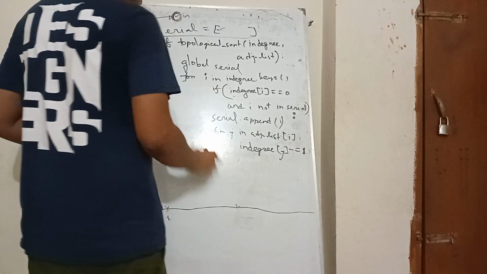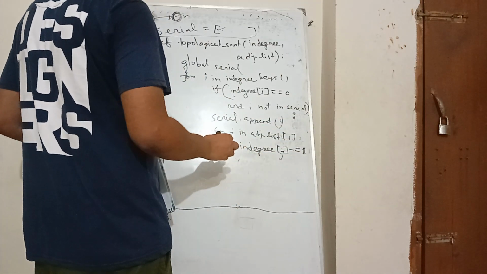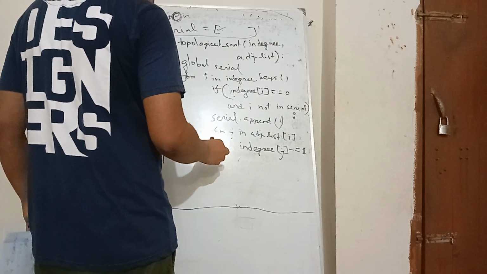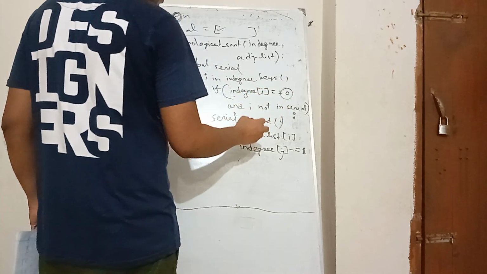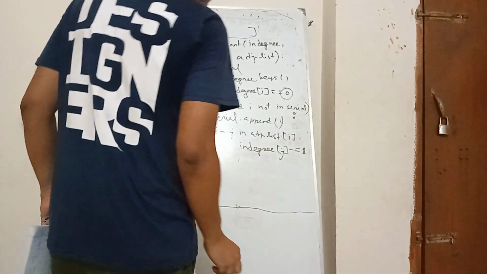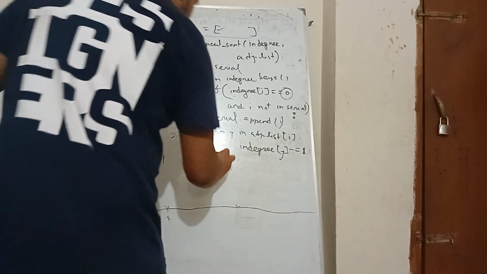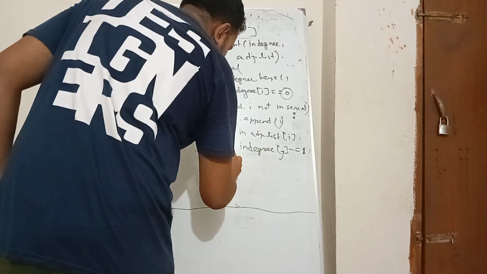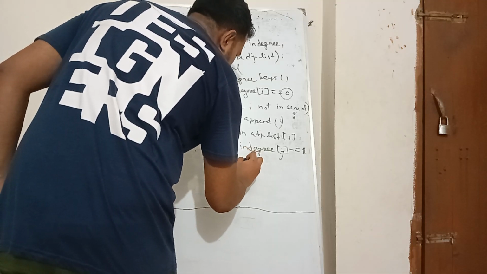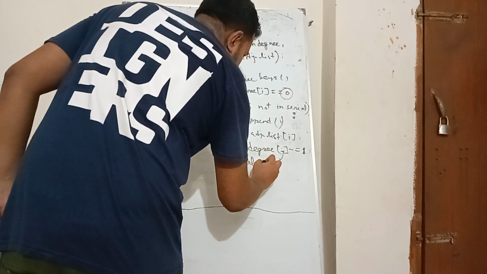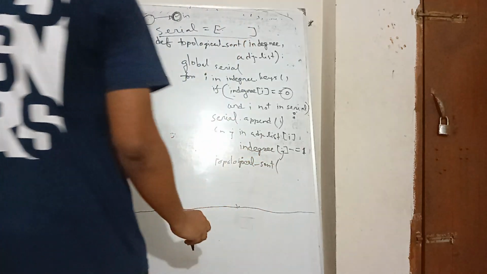So we continue this as long as in degree is 0 and i is not in serial. So we recursively call topological sort. What is topological sort?